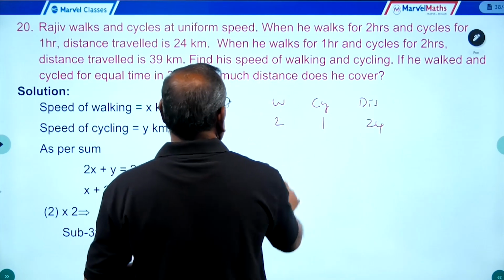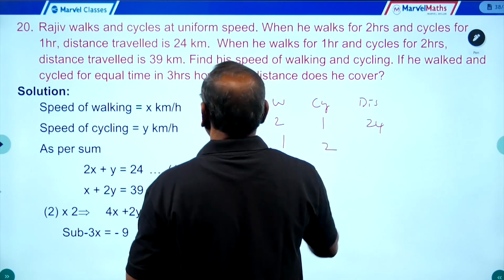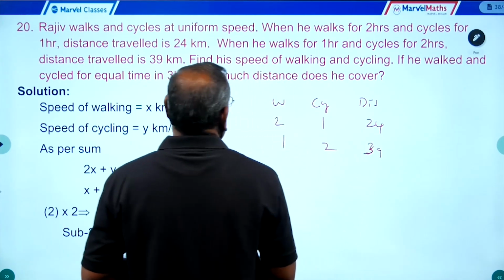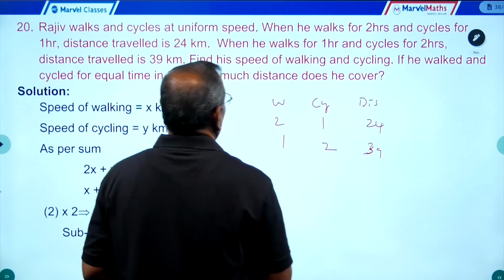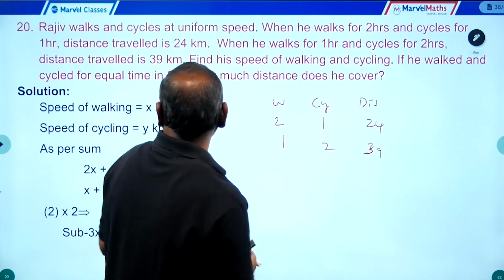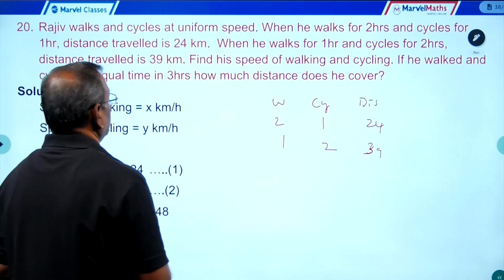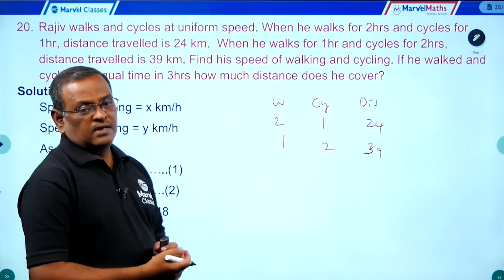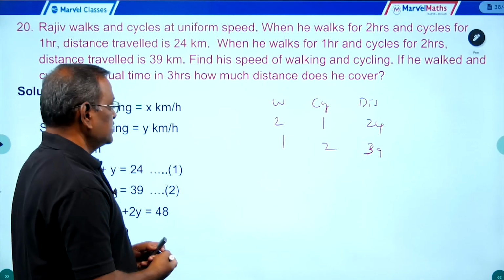When he walks 1 hour and cycles 2 hours, the distance travelled is 39 kilometers. Find the speed of walking and cycling. If he walked and cycled equal time in 3 hours, total duration is only 3 hours, but distance travelled is different. Now what is x, what is y?